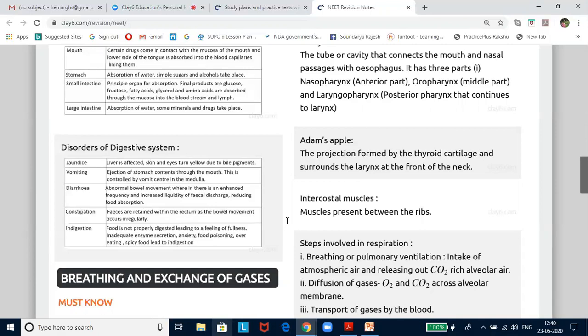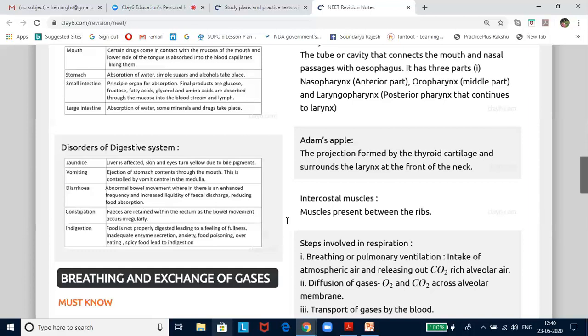This can happen when you don't drink enough water or your food lacks fiber. At that point of time, you need to take laxatives if needed, or sometimes even isabgol or flax seeds, which are rich in fiber, will help you in defecation. Indigestion: in this condition the food is not properly digested, leading to a feeling of fullness.